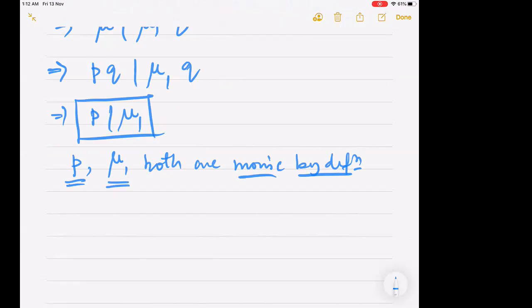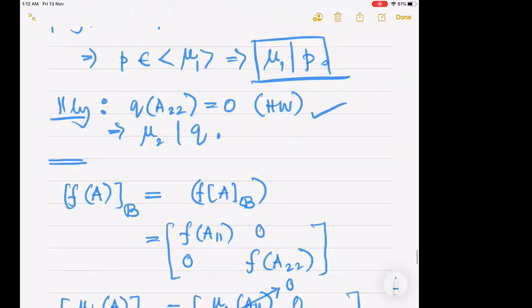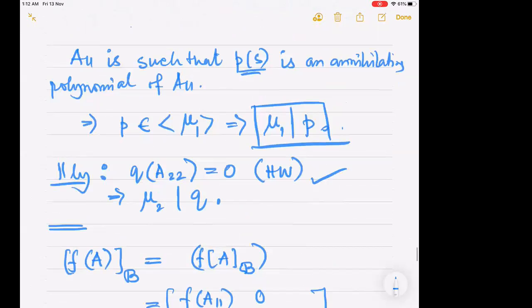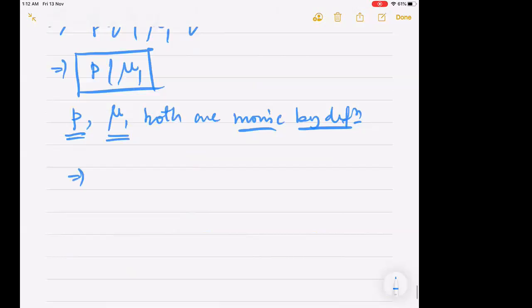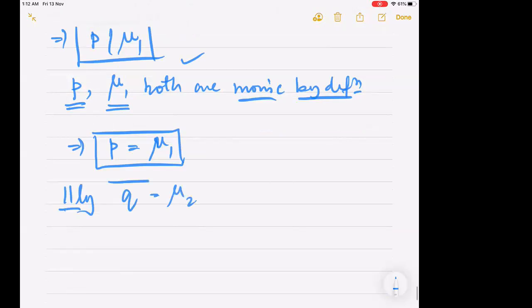Mu1 being the minimal polynomial by definition is monic. So earlier we had proven that mu1 divides P, and now we have proven that P divides mu1, which means P must be equal to mu1. And similarly, therefore, Q must be equal to mu2, right?